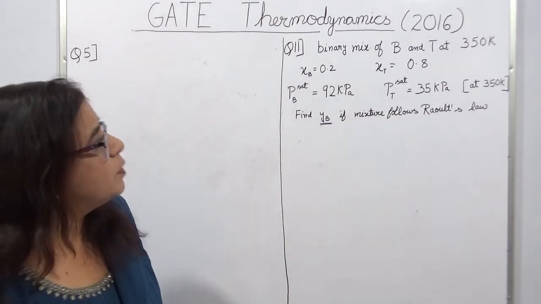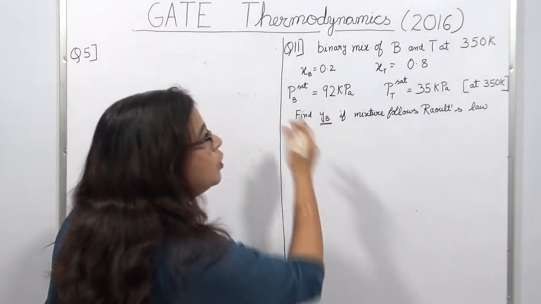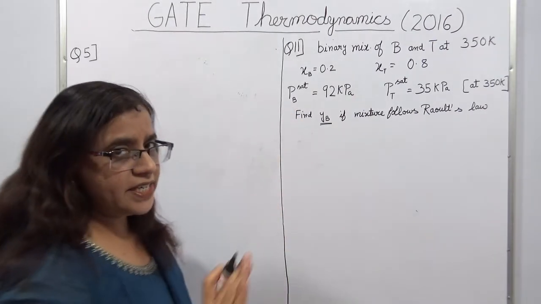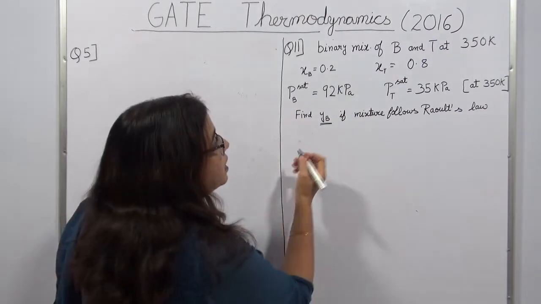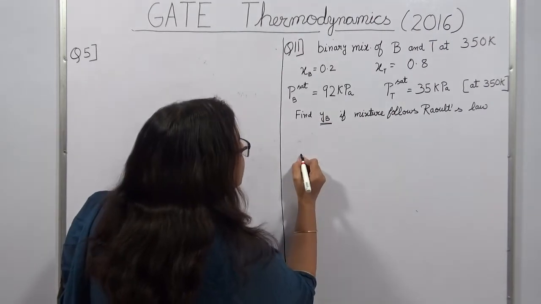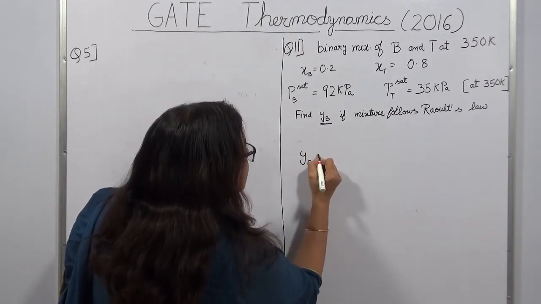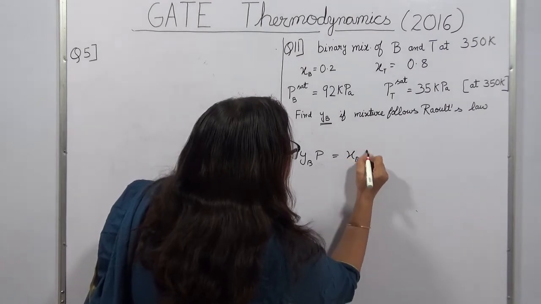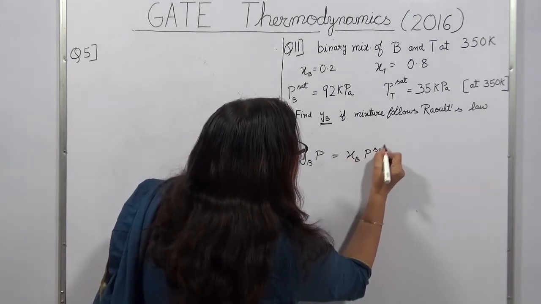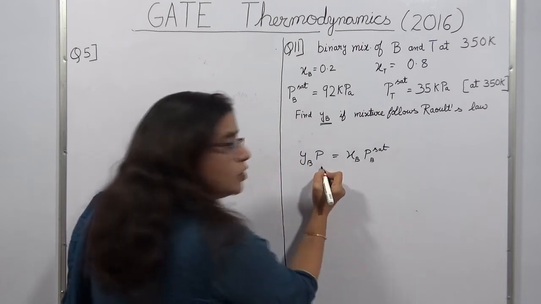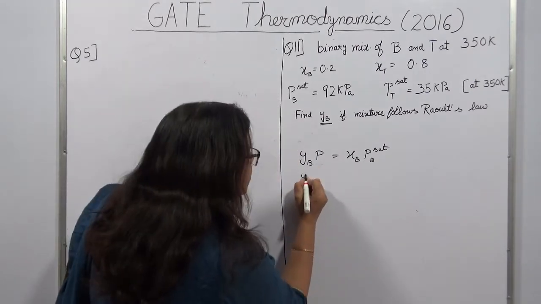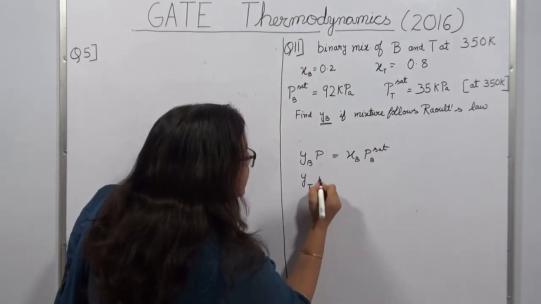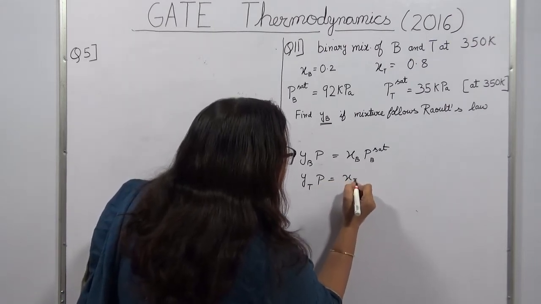So it's a very simple problem because there is Raoult's law, no non-ideality, so I can directly write my Raoult's law for both the components. If I write yB P, that is equal to xB P saturation, where P is your total pressure. Similarly, for toluene, I can write the same equation.